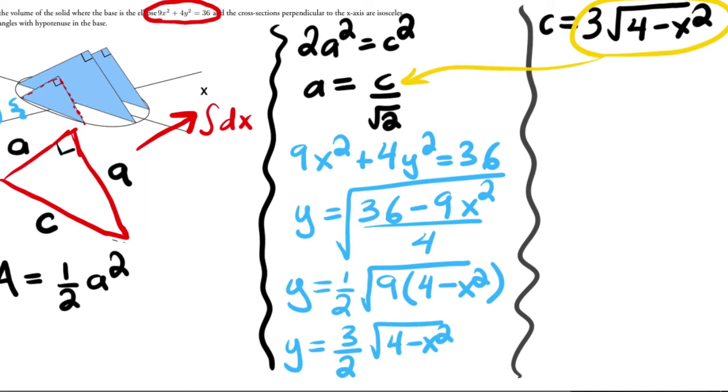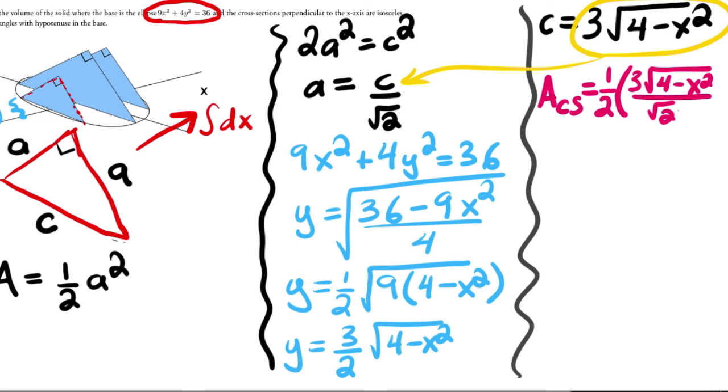I know what A is, and so then what that means is the area of the cross section is going to equal 1/2 A squared. So 1/2 times A, which is C over root 2, so 3 square root of 4 minus x squared over root 2, squared.